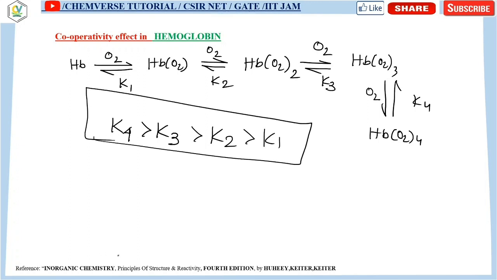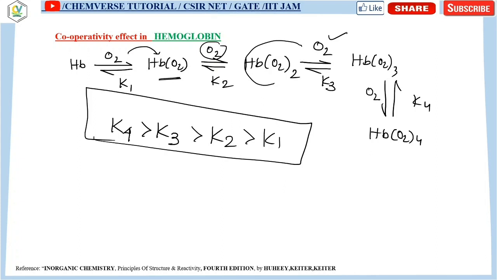So from this experimental observation, we can see that when the first oxygen binds with the hemoglobin, it now has a greater tendency to bind with the second one. When the second oxygen binds with hemoglobin, it has even more tendency to bind with another oxygen. So in this way, successive binding of oxygen leads to an increase in the affinity of the hemoglobin to bind with the next oxygen.